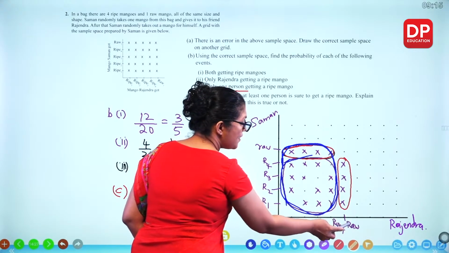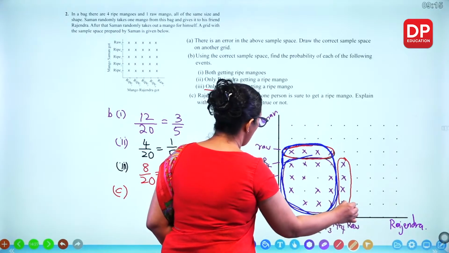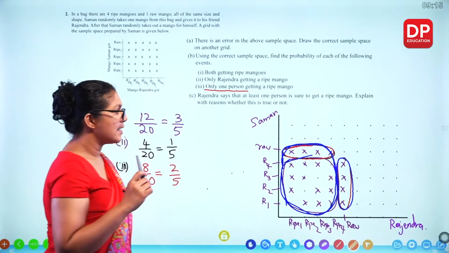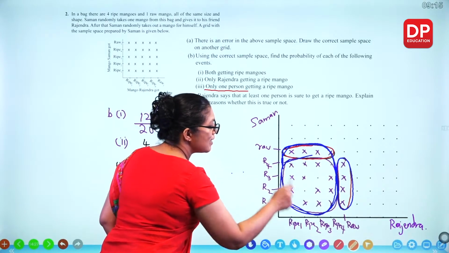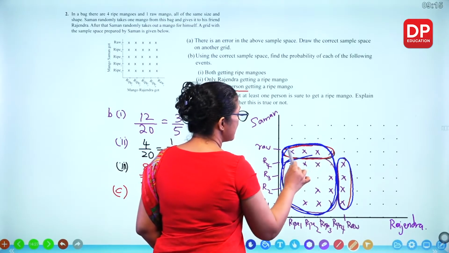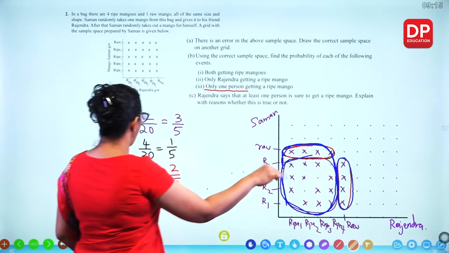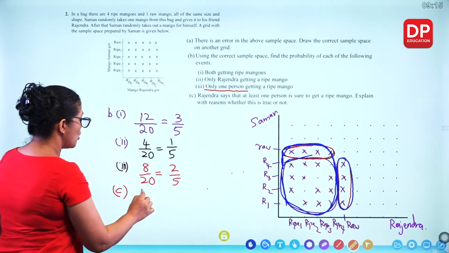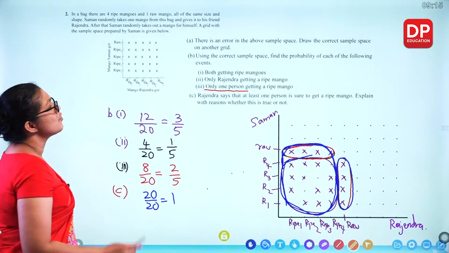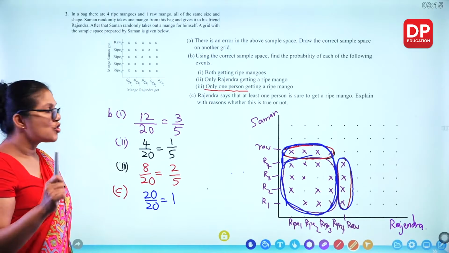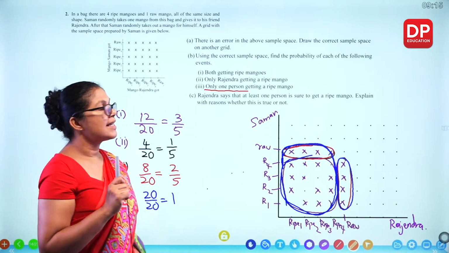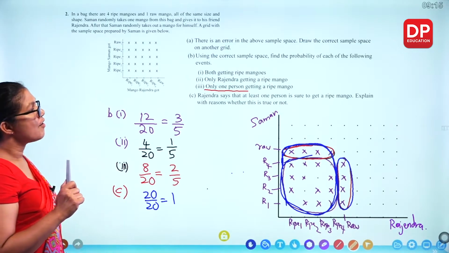This side, if this is raw, all these are ripe ones for someone. So when you take the blue color one, you are getting everything. That's 20 out of 20. That means 1. So that means it's sure that at least one person gets a ripe mango.